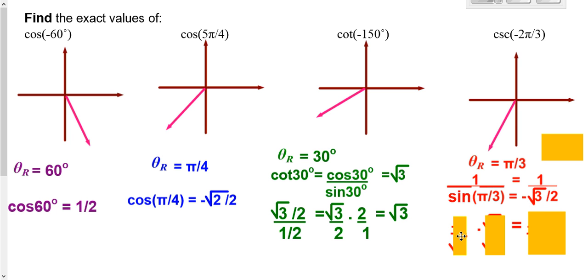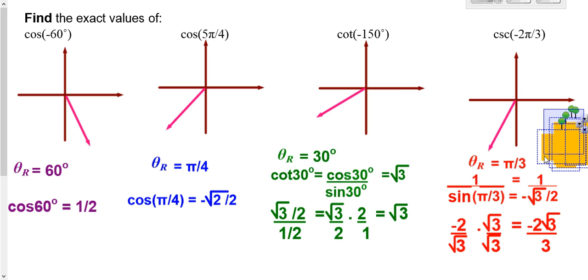Instead of dividing by a fraction, you're going to multiply 1 by the reciprocal of this. Don't worry about the negative. We'll deal with that here in a little bit. But remember, multiplying by 1 doesn't change it, so we don't need the 1. Also, you don't want to leave a root in the bottom, so you're going to multiply by a special form of 1. Multiplying the bottoms, we get 3. Multiplying the tops, we get 2 root 3.